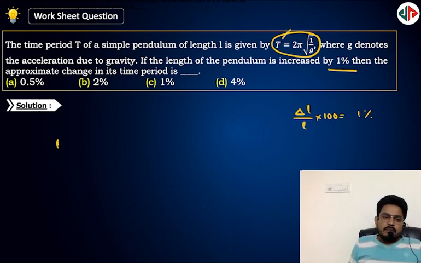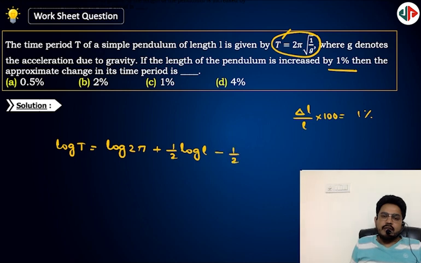Log t is equal to log 2 pi plus 1 by 2 log L minus 1 by 2 log g. Differentiate; this is constant, this is constant. So delta t by t is equal to 1 by 2 times delta L by L.